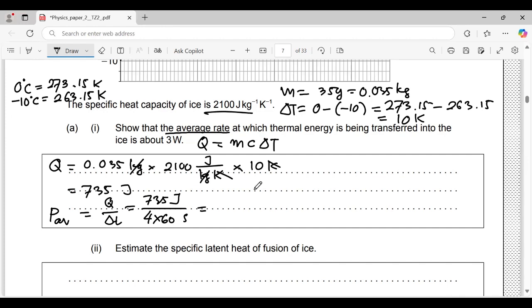So the result, I have calculated this, is 3.0625 watts. In significant figures, 3.1 watts.